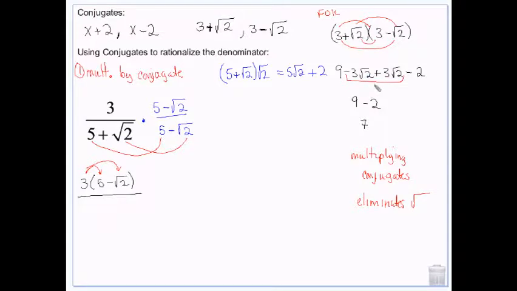So you don't have to FOIL the whole thing, because the middle terms would disappear anyway. Multiply the first, multiply the last. And you get 25 minus 2. So this is going to be 15 minus 3 times the square root of 2 over 23.